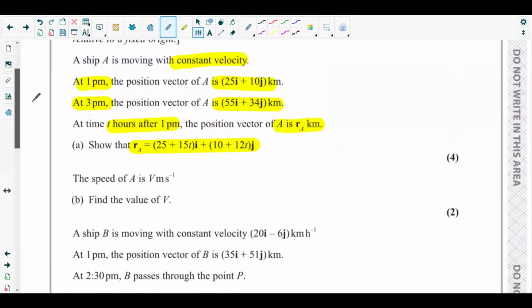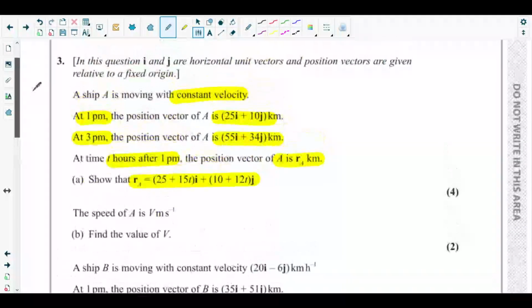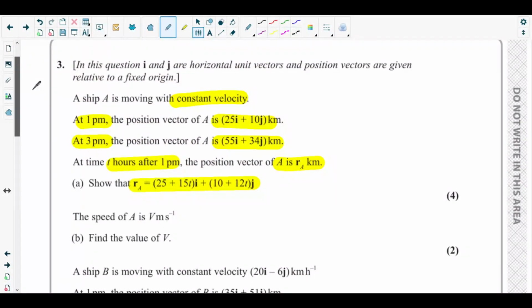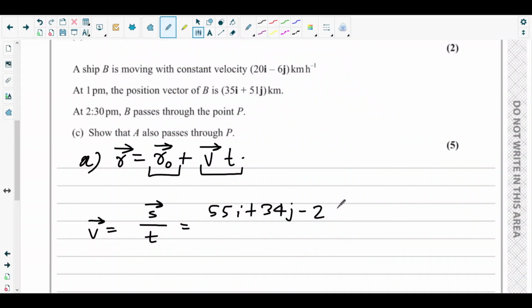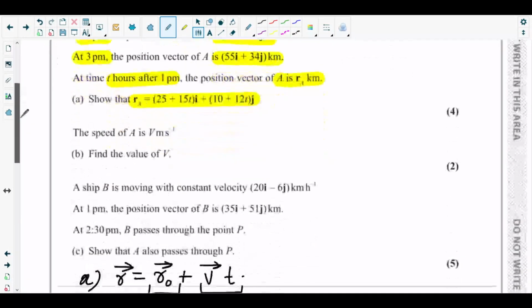The final position was 55I plus 34J, minus the initial position, 25I plus 10J. So 55 minus 25 is 30, and 34 minus 10 is 24, all over the time. The time is 3 minus 1, which is 2 hours.